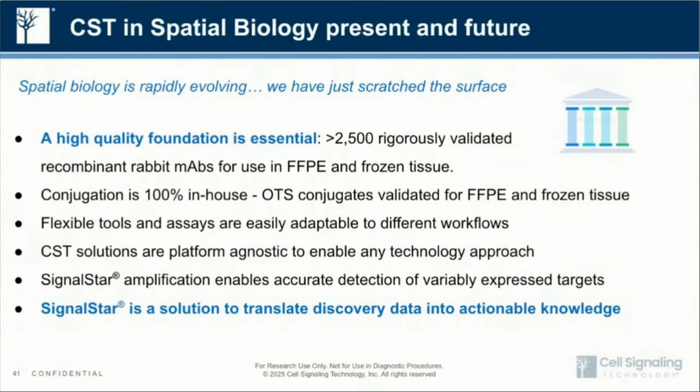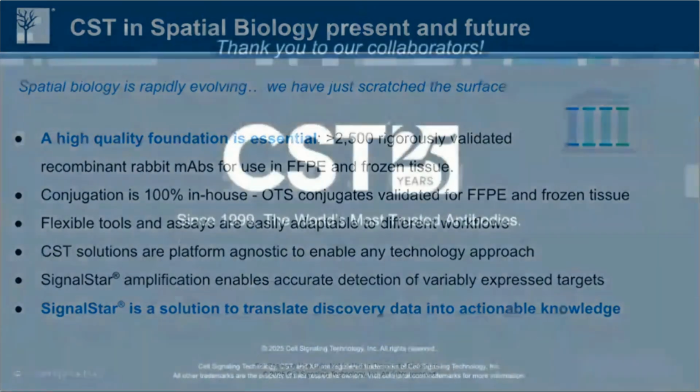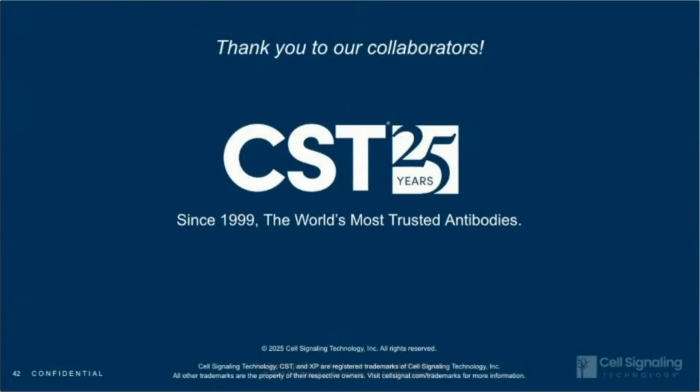SignalStar specifically is compatible with the Leica Bond for automation, as well as the BioCare Intellipath, the Parhelia Spatial Station for automation. The amplification of SignalStar enables accurate detection of these variably expressed targets, allowing you to translate discovery data into actionable knowledge. Thank you for your time, and thank you to all of the collaborators that helped provide data and continue to collaborate with us to enable the next generation of spatial.